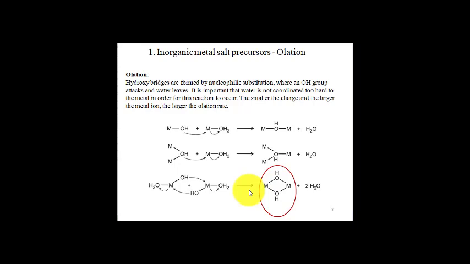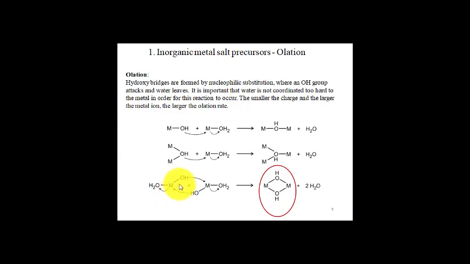So here we have a metal hydroxide. It acts as a nucleophile and it reacts with the metal. We get metal-OH-metal plus water. Again this OH reacts with metal and we get metal-OH-metal, and we get water molecules.